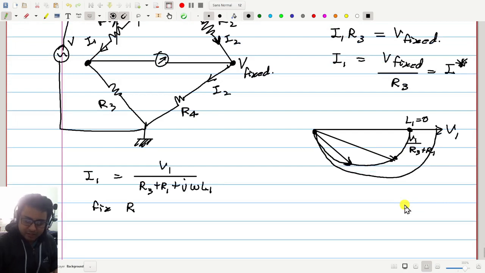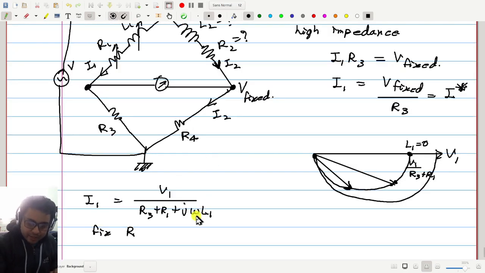Now in the same way, let us see how the current changes if we keep L fixed and vary resistance. If we keep L fixed, then for nearly 0 resistance, we will get a 90° lagging current of some magnitude, for a fixed L and 0 resistance.